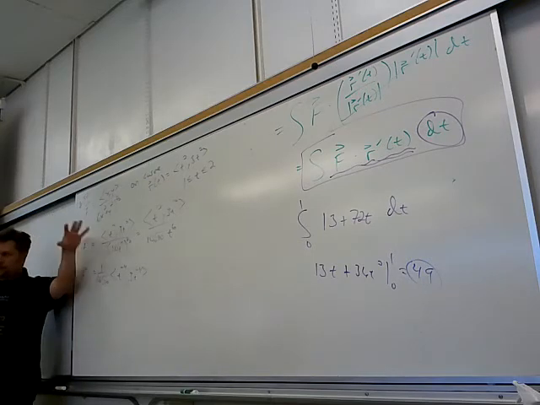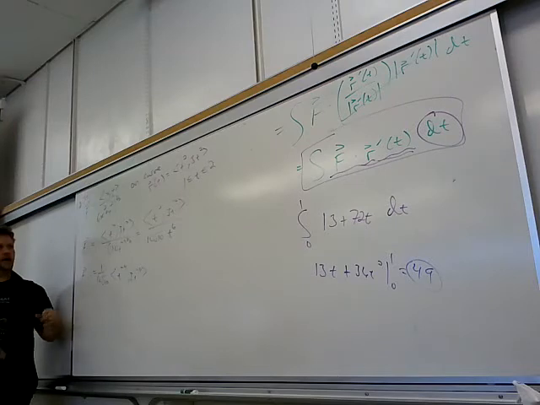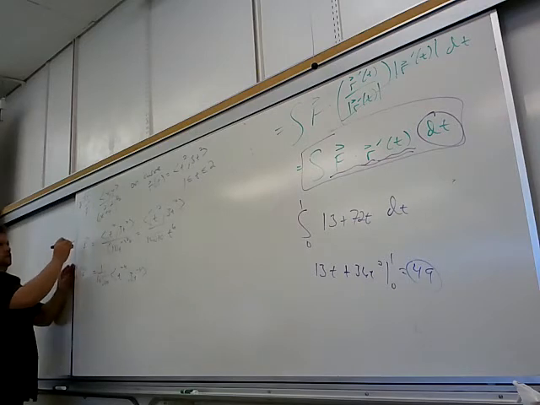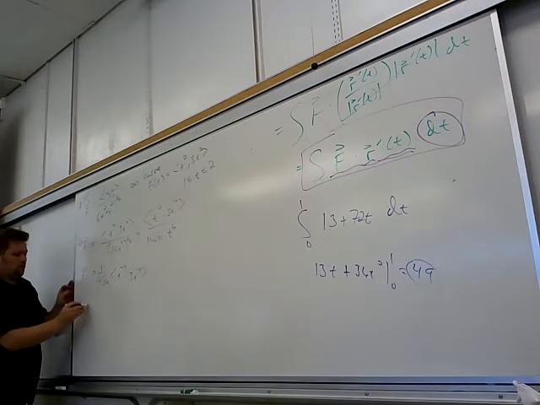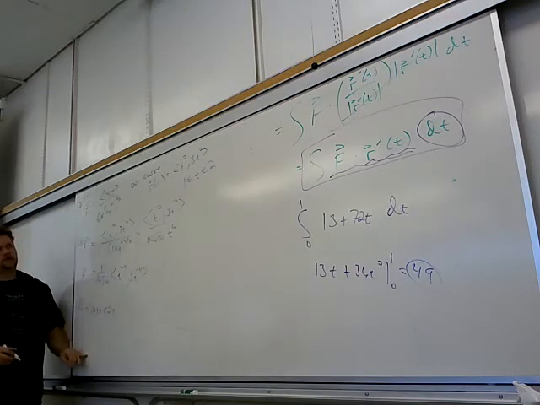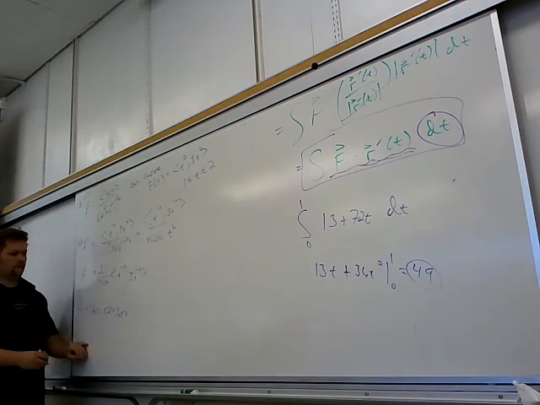So that's step 2. What's step 3 now? r prime. Yeah, r prime, and then step 4 is to get ready for the integral. What's r prime? 2t, 6t squared, I love it.